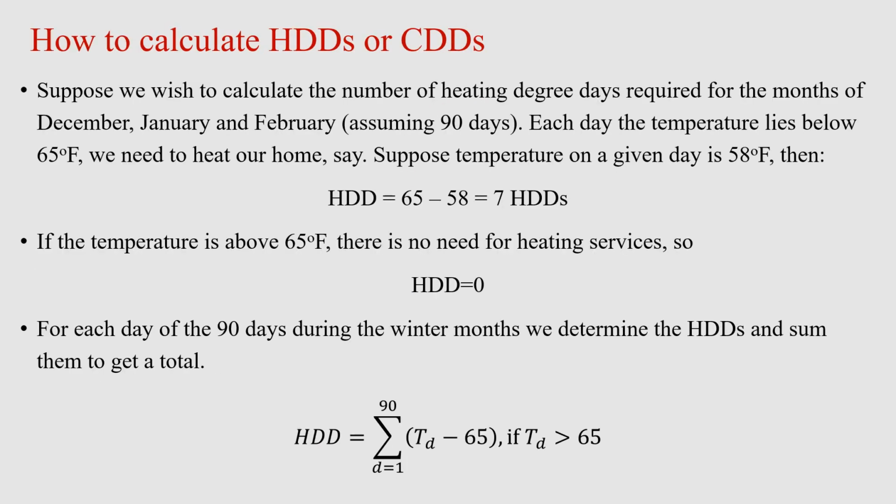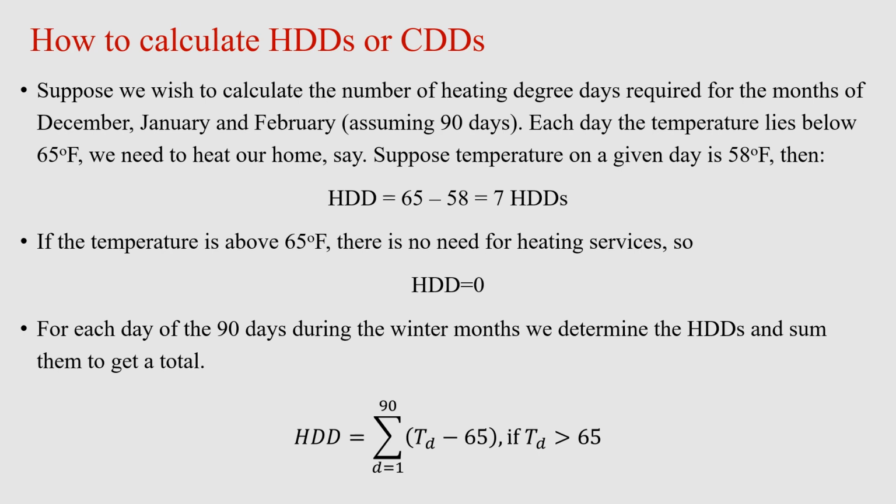So then how do we calculate heating degree days and cooling degree days? Suppose we wish to calculate the number of heating degree days required for the months of December, January, and February, and let's assume that turns out to be 90 days. For each day that the temperature lies below 65 degrees Fahrenheit, or around 18 degrees Celsius, we need to heat our home, say.